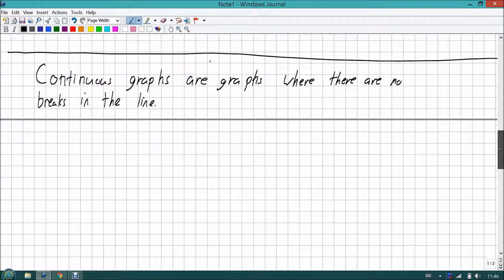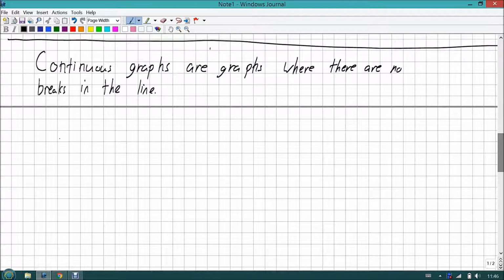But then there's a different type of graph. There's a graph called a scatter plot. And this is often what scientists use to look for trends in data. So let's say for a moment that we're looking at average temperature over the last 500 years. So we would have time in years as our independent variable, and then our temperature as our dependent variable.